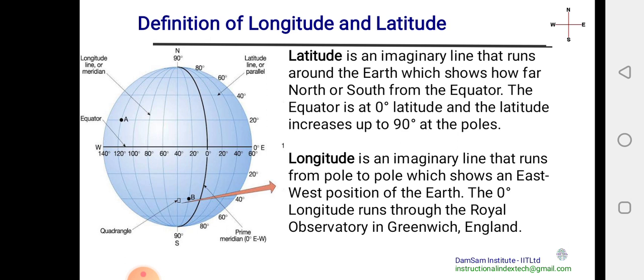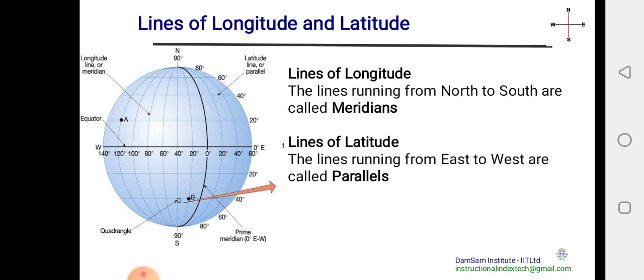Now, longitude is an imaginary line that runs from pole to pole, which shows the east-west position on the earth. As we can see, we have imaginary lines as well, the ones that show the east-west position on the earth, drawn vertically, coming from the north straight down to the south. We call them lines of longitude, and the name is meridian.